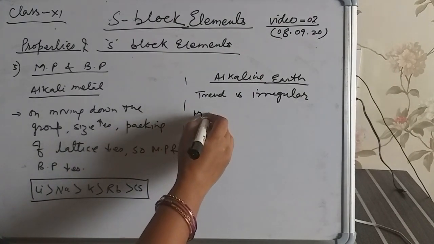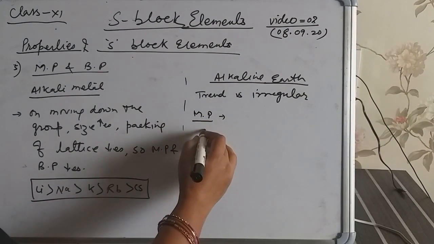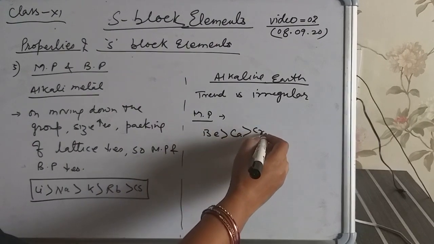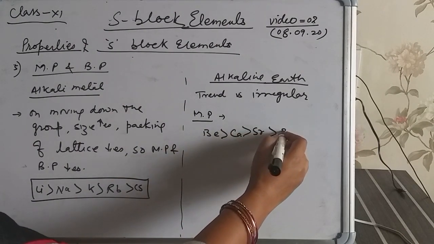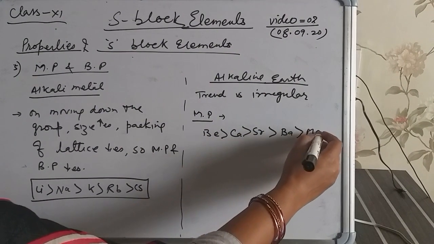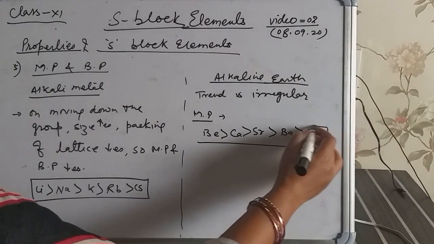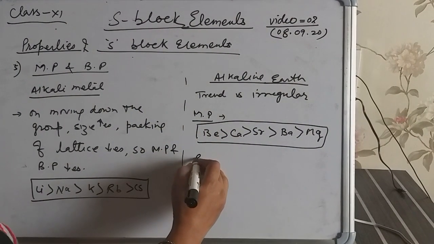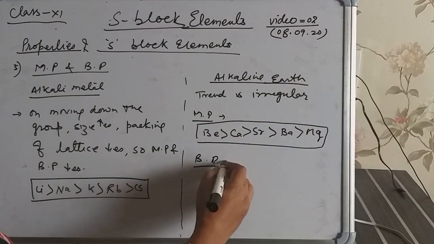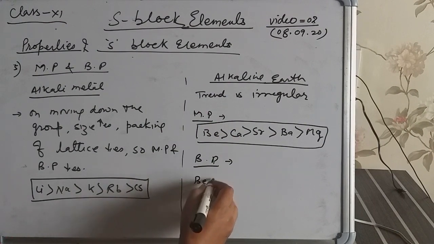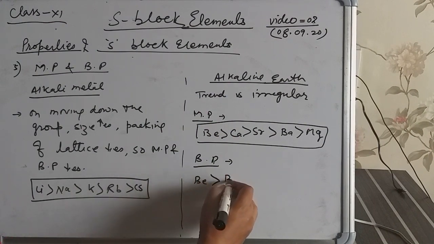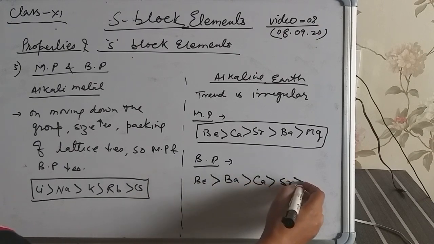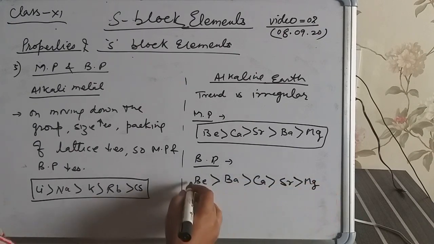Their melting point trend is beryllium, then calcium, then strontium, then barium, then magnesium. This is the melting point order, and their boiling point order is beryllium, then barium, then calcium, then strontium, then magnesium.